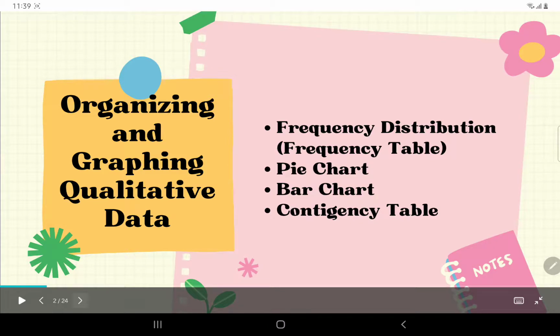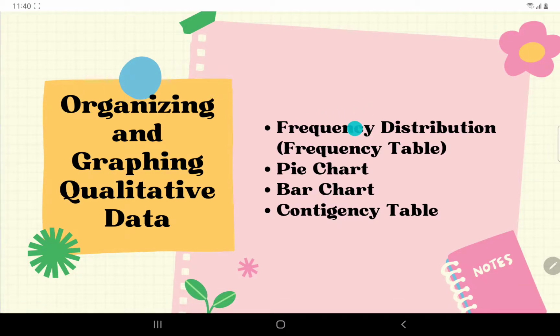To organize and graph qualitative and quantitative data, we use different presentations. For organizing and graphing qualitative data, we will use either a frequency distribution or frequency table, pie chart, bar chart, and contingency table. So we will learn these one by one.